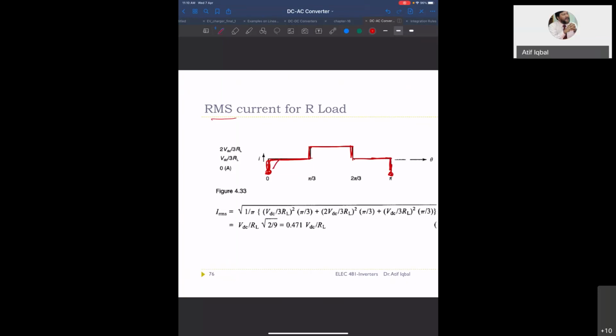What is the current here? This is 1/3 of VDC, this is 2/3 of VDC. Current here is 1/3 of VDC divided by load resistance, then 2/3 of VDC divided by load resistance, and then 1/3 of VDC divided by load resistance.